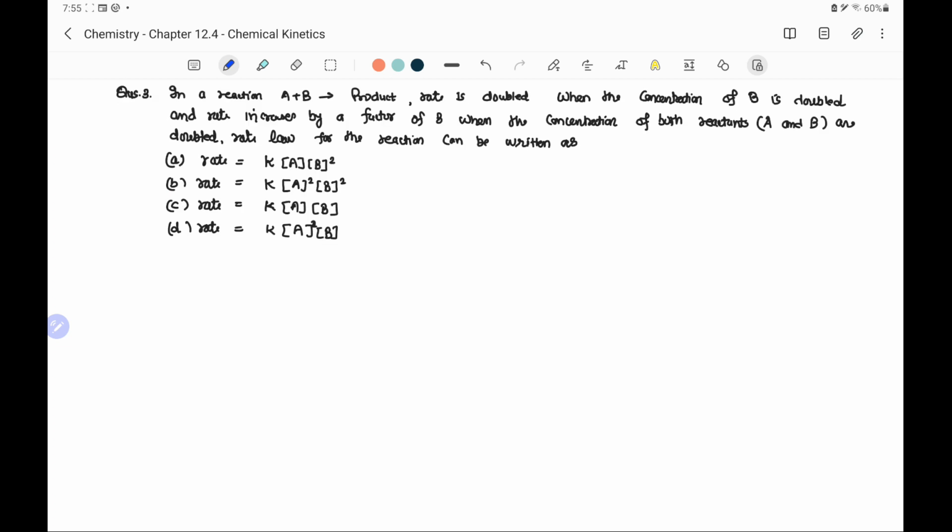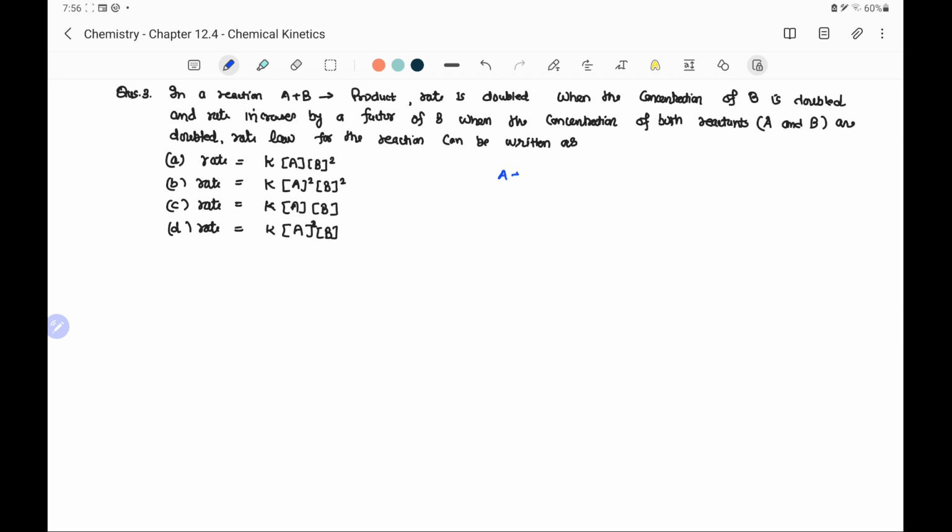Next question is, in a reaction A plus B giving product, rate is doubled when the concentration of B is doubled, and rate increases by a factor of 8 when the concentrations of both reactants A and B are doubled. Rate law for the reaction can be written as.